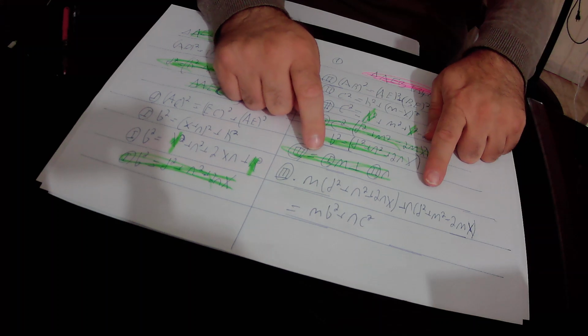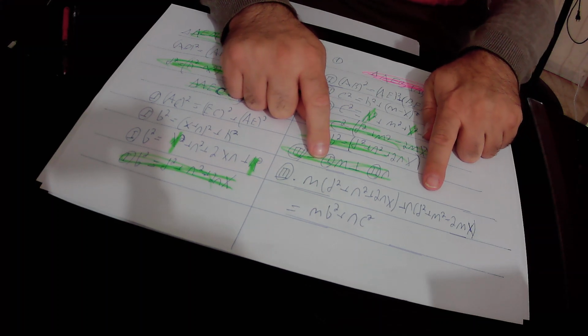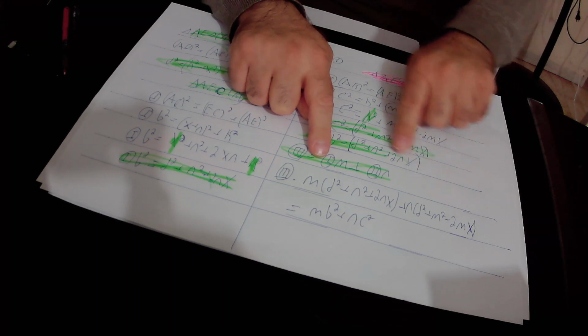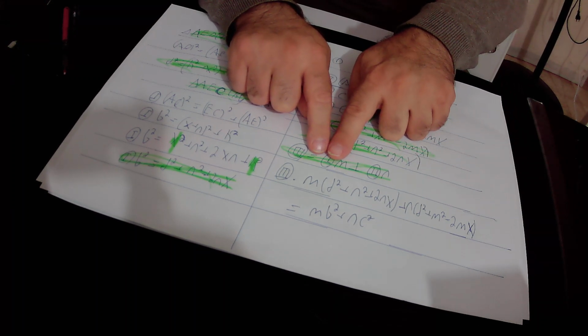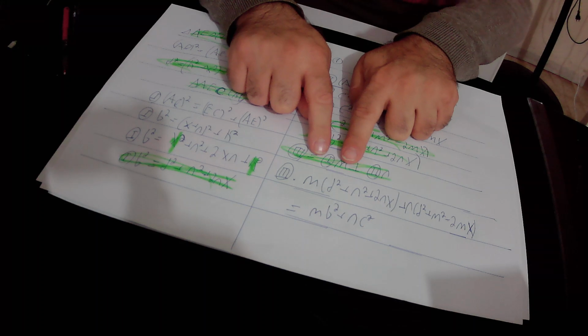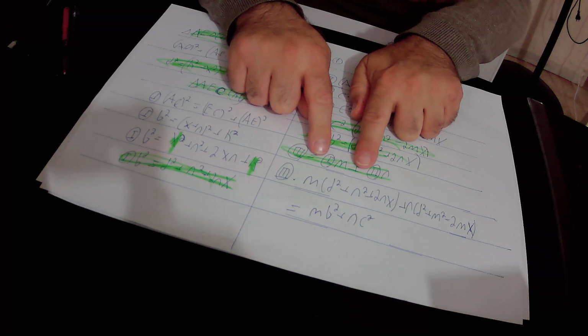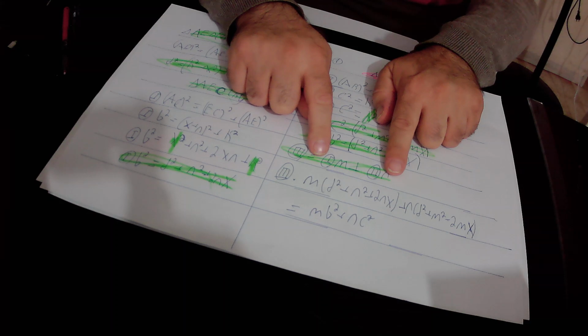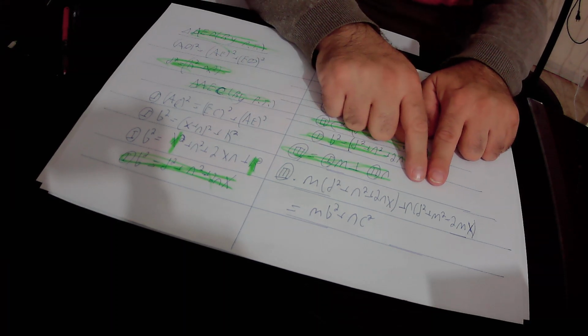We open the brackets on this side of equation number 3. Here, M times D squared is MD squared. M times N squared is MN squared, plus M times 2NX is 2XMN. We opened also the brackets of this expression.